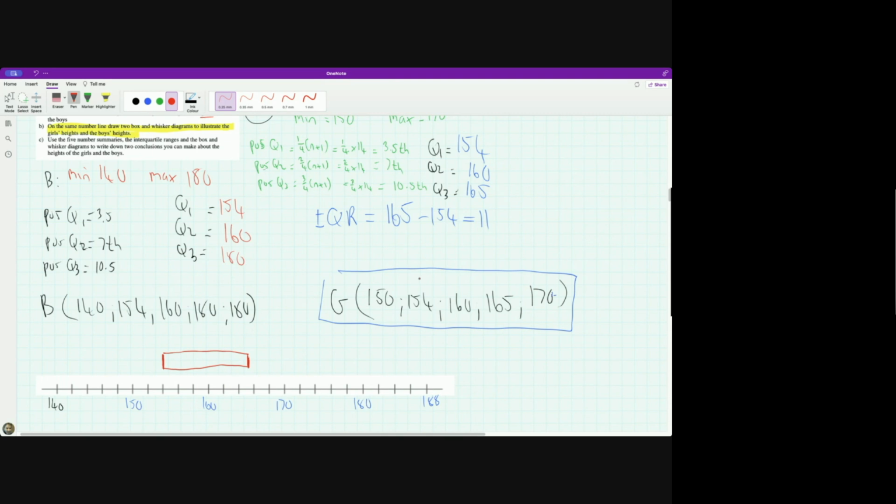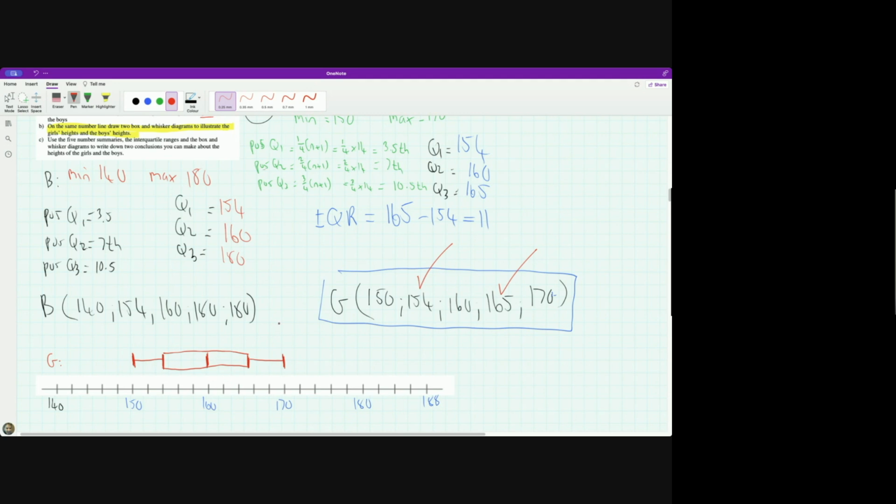So I think I've done the 154, the 165. What I need to next do is the 160. And then my whisker goes up to 170 and down to 150. So this is the girls' box and whisker plot.